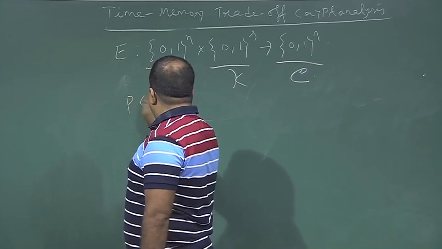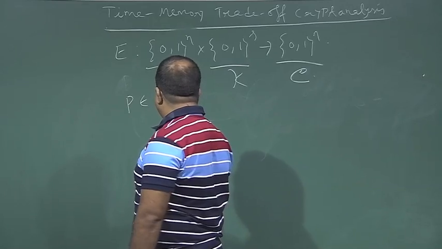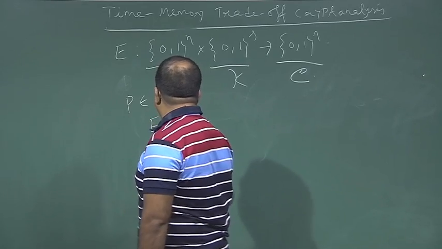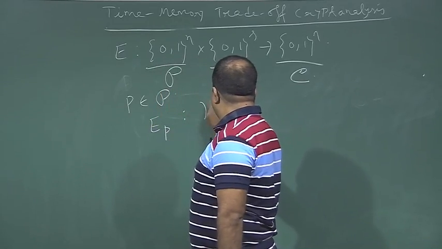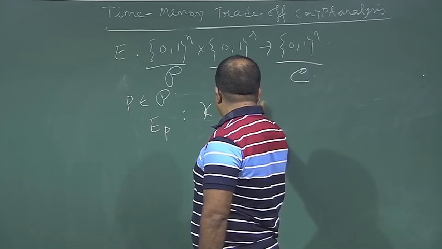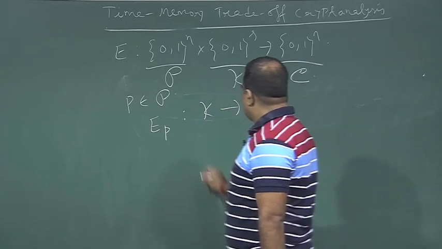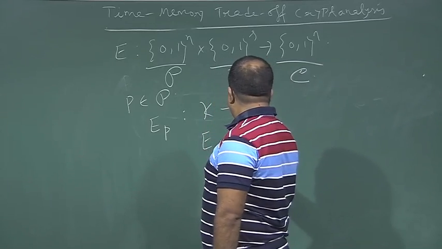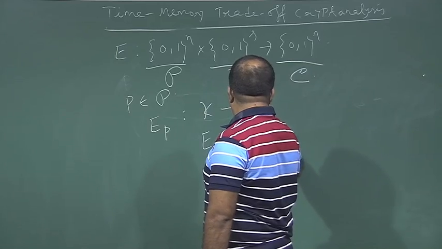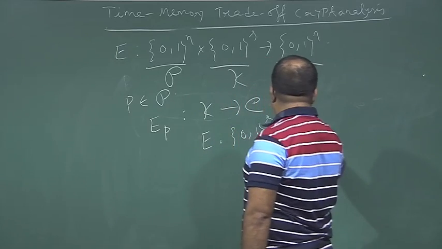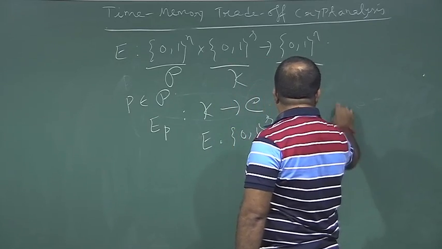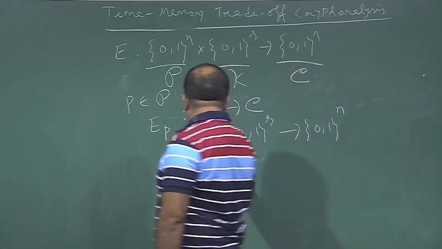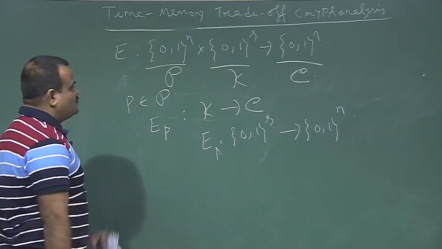If we fix a P, we can denote it E_P. So, this is a function from key space to the ciphertext space. But this function is from s bit to n bit, and we want this function to be s bit to s bit.